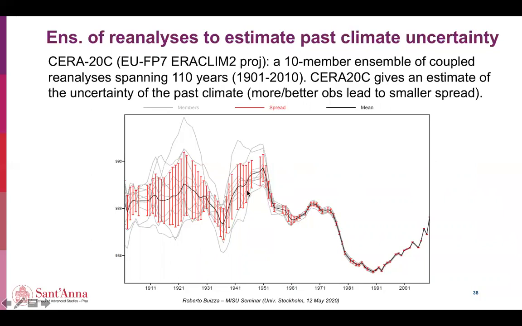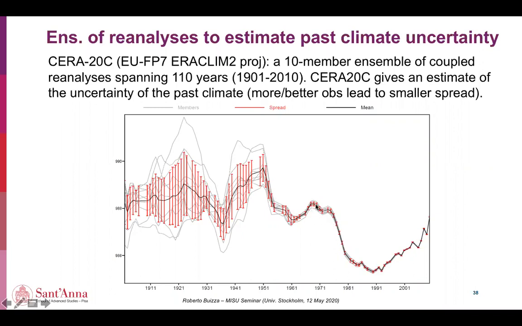What you see here is an example of this. This is the mean sea level pressure. The ensemble mean of the 10 analyses in black, the spread with these arrows. What you see is that after the 50s, when we started having more and more accurate observations of the state of a system, the spread among the coupled reanalyses has been lower.